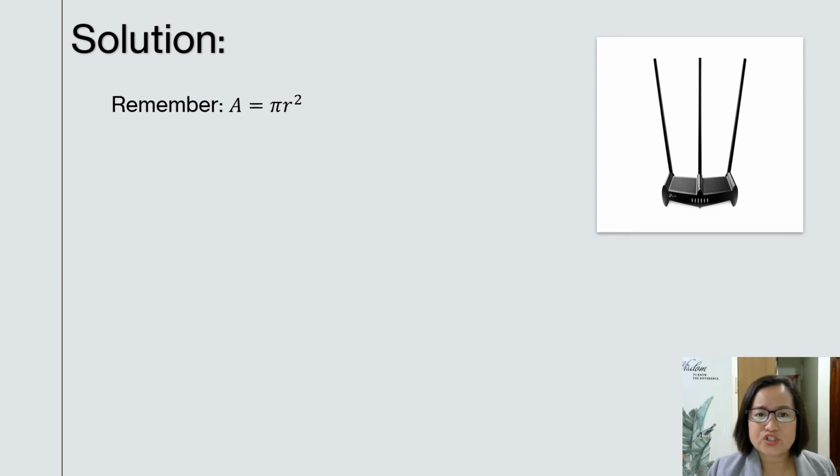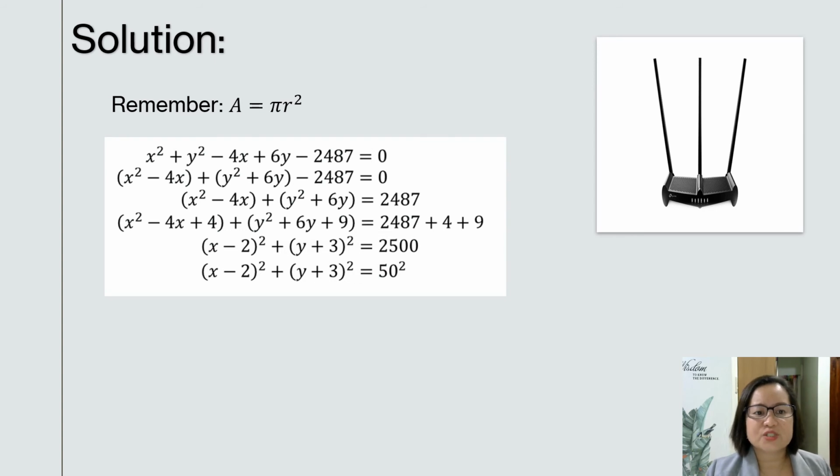The equation x squared plus y squared minus 4x plus 6y minus 2,487 equals 0 is an equation of a circle in general form. In that case, we have to write the equation in standard form in order to determine the length of the radius.